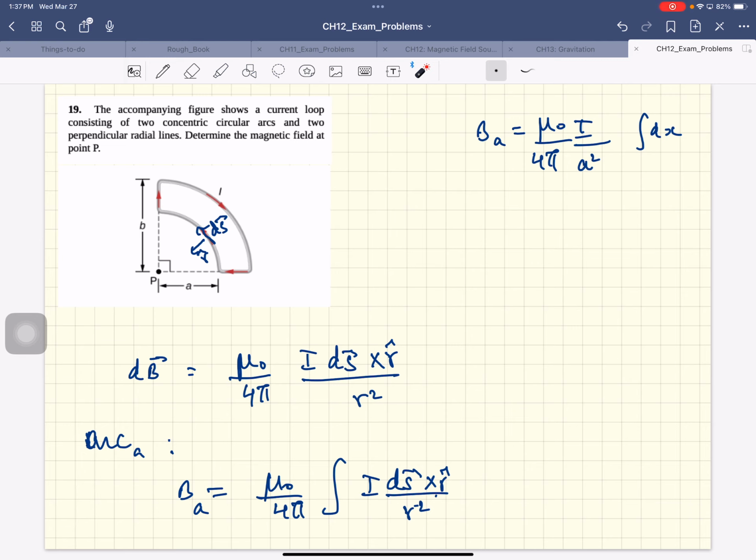And what is the arc length? 2 pi r is the circumference, r is the radius, the entire radius. It's 1/4 of that.